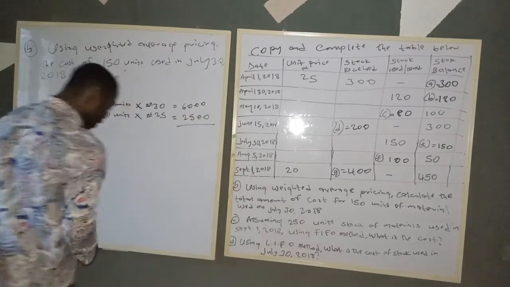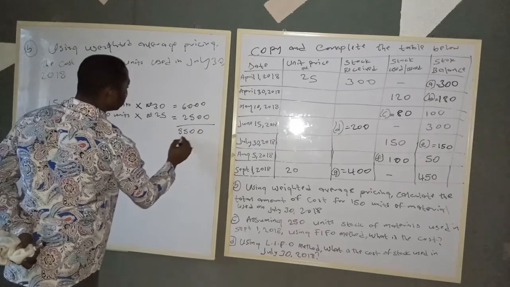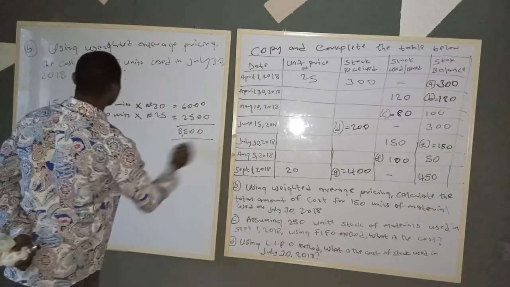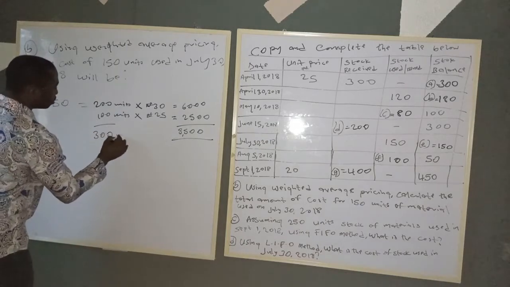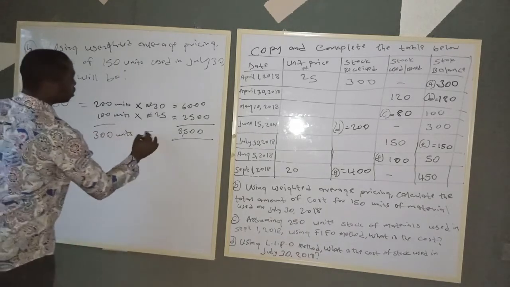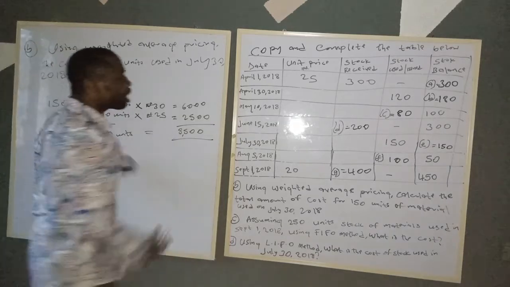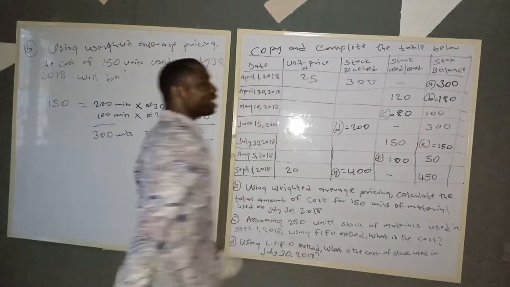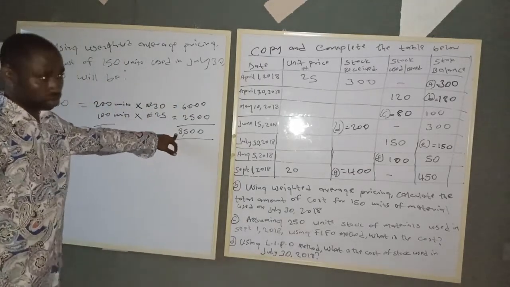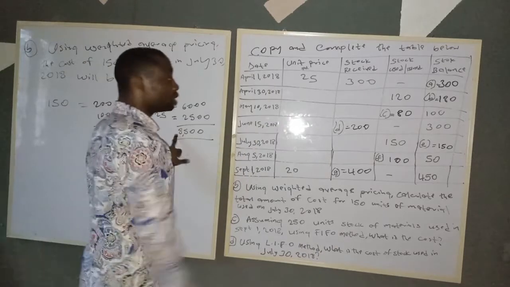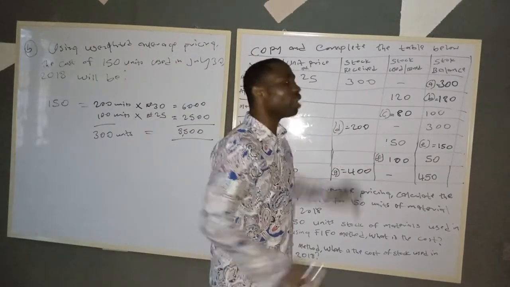When we add it together, we get 8,500. So that is the total cost of this 300 using weighted average, 8,500 naira.